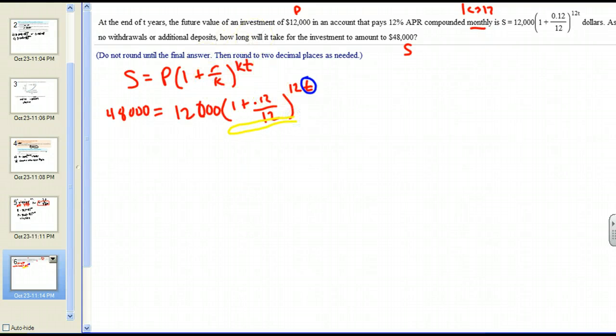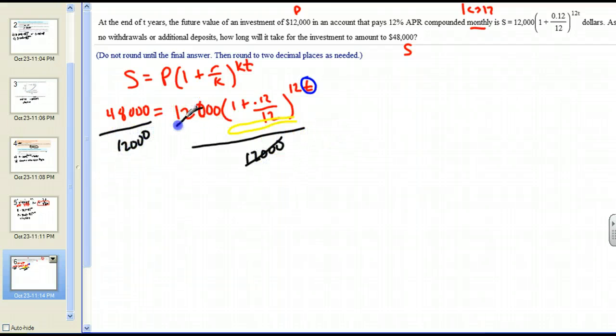So the first thing we're going to do is divide away the 12,000. So that's gone, that's gone. So 48,000 divided by 12,000 is 4. And then 4 equals 1 plus 0.12 divided by 12 is 0.01.